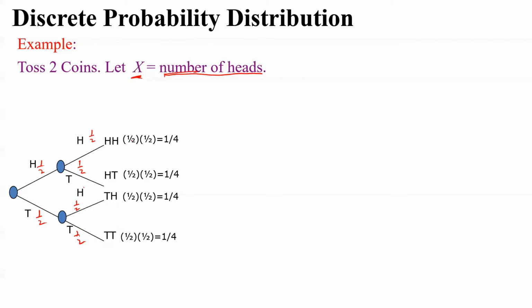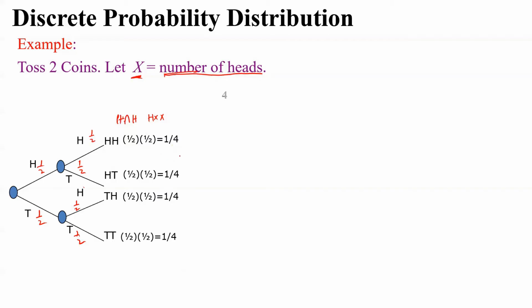Then you can see the formulation: half times half. This is an intersection, which means H and H. As I already mentioned in the previous classes, for intersection, the probability is multiplying. So you multiply the fractions and you get a quarter, and so on for the others.